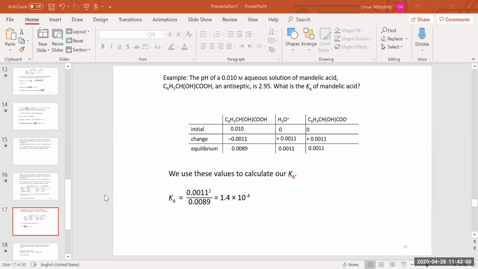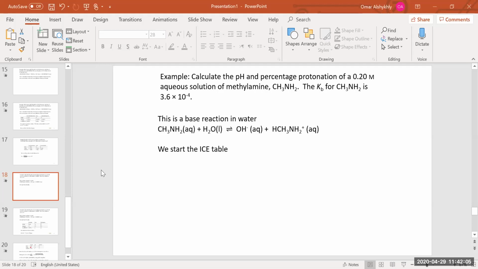Okay. Let's go with this example. Calculate the pH and percentage protonation of a 0.2 molar aqueous solution of methylamine, CH3NH2. The Kb of methylamine is 3.6 times 10 to negative 4.